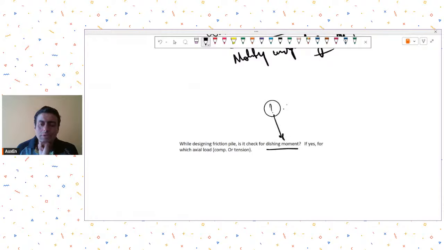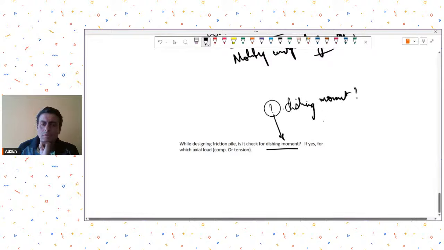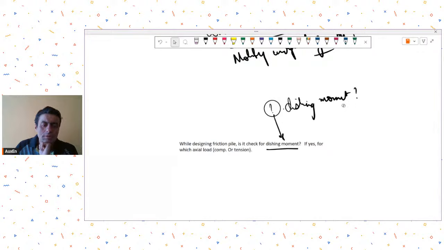I'm not sure what is dishing moment. Anyone in the audience? In fact, I'm hearing this term for the first time. Dishing moment while designing friction pile. Anyone is aware of this term? Let me search for this term.